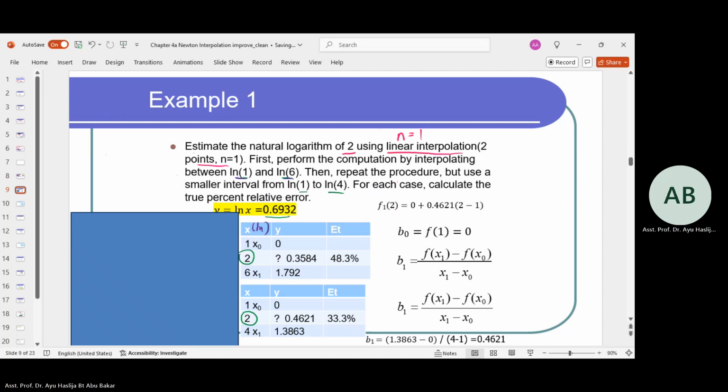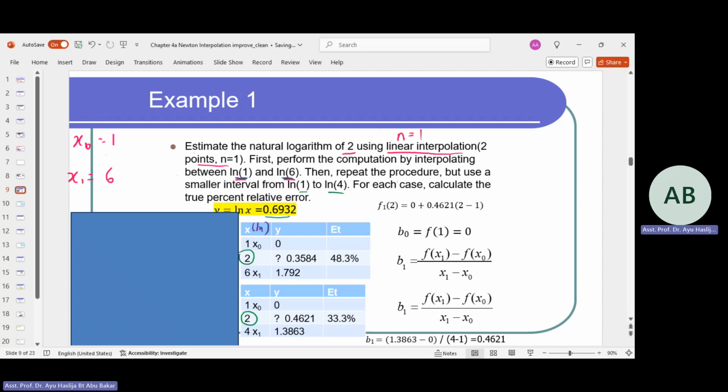First, you need to perform the computation by interpolating between ln 1 and ln 6. So this is your data point, ln 1 and ln 6. So your x0 is 1, x1 is 6.